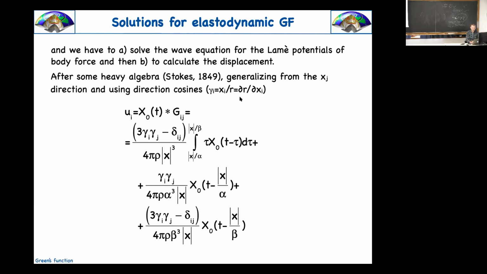He was just using the spatial derivatives that represent direction cosines. And now the solution, the Green's function for our elastodynamic problem, is this.